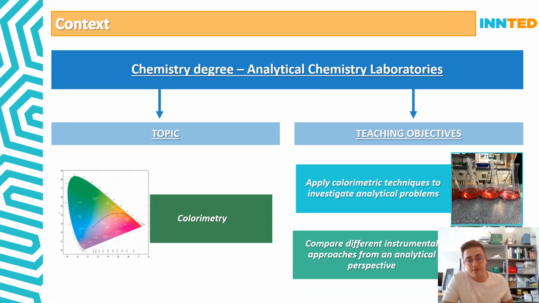The teaching objectives that we have stated for this application have to do with the application of colorimetric techniques to investigate analytical problems and to compare different instrumental approaches from an analytical perspective.